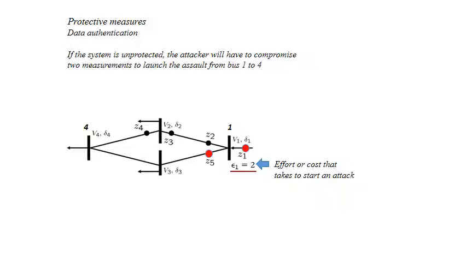So let's consider this simple system where the attacker wants to send bad information from bus 1 to bus 4, and in between there are two buses. As the system is unprotected, he only has to intervene on two measurements to send his bad data.